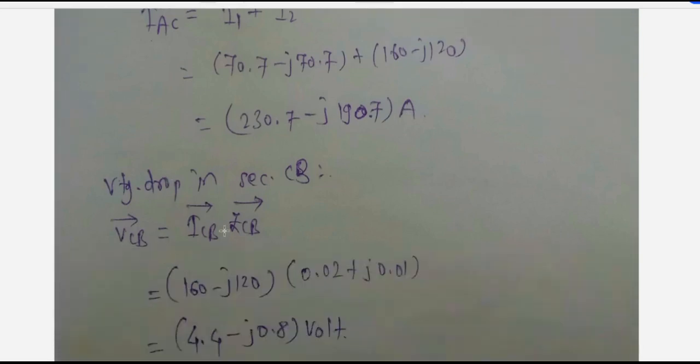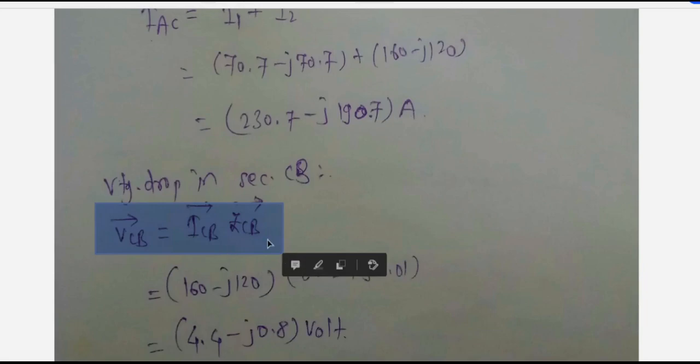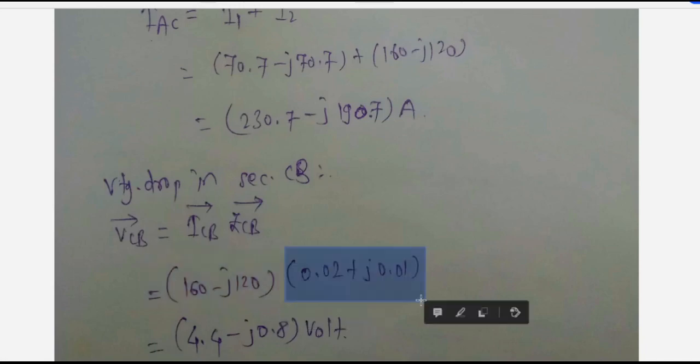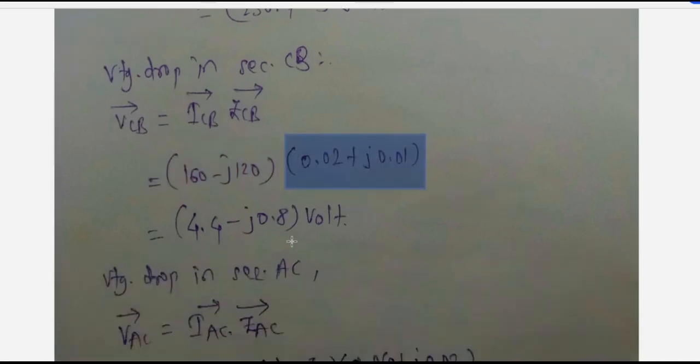The voltage drop in CB can be calculated with the help of the formula VCB is equal to ICB into ZCB. So ICB is taken from above and ZCB is taken from above. So it comes as 4.4 minus j times 0.8 volt.